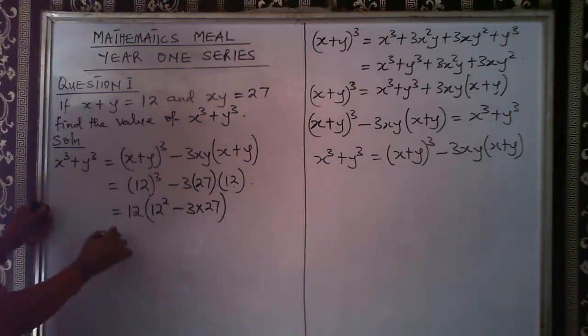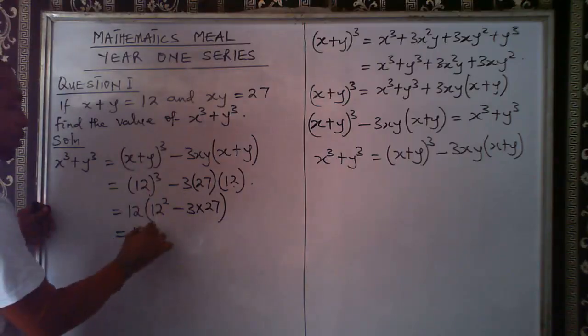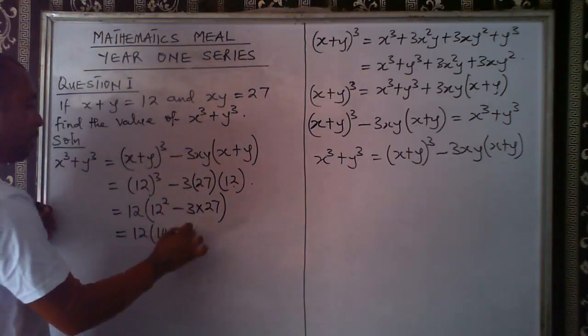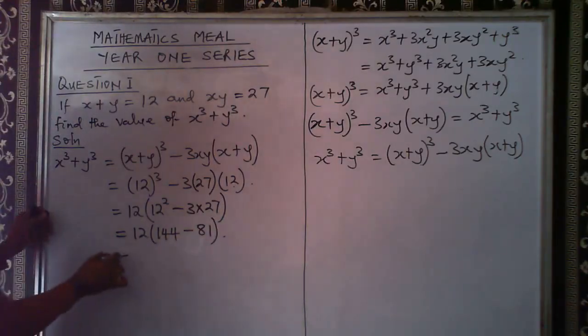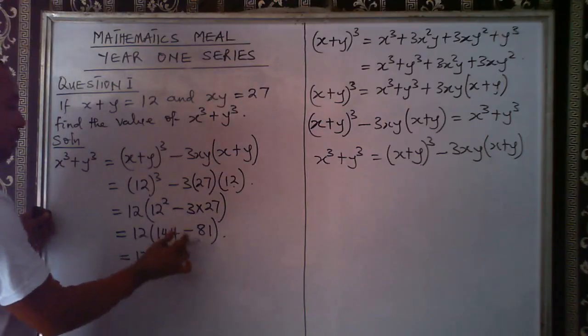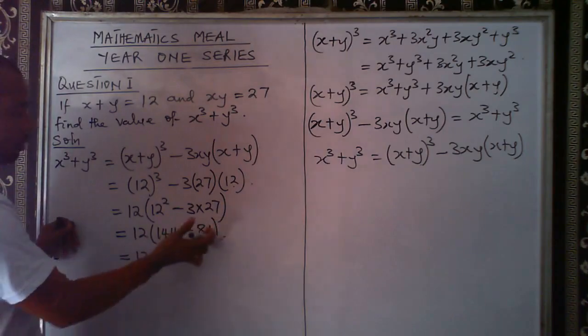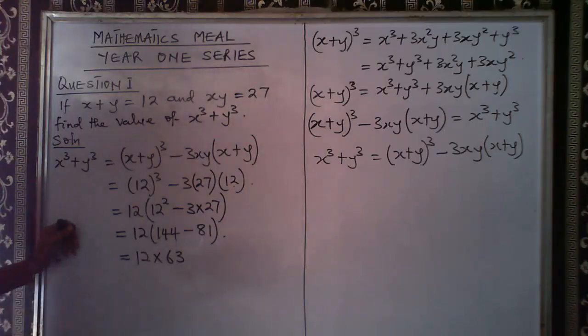So that will give me 12 bracket 12 raised to the power 2 is 144 minus 3 times 27 is 81. So we have 12 bracket 144 minus 81, which gives us 63.